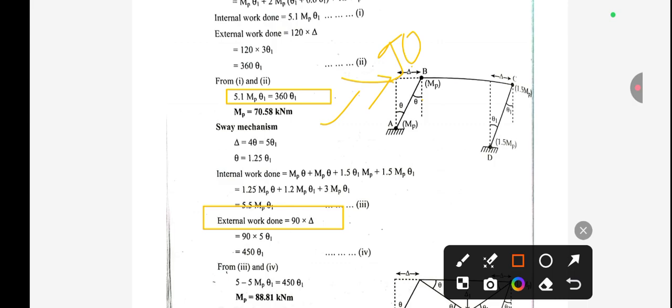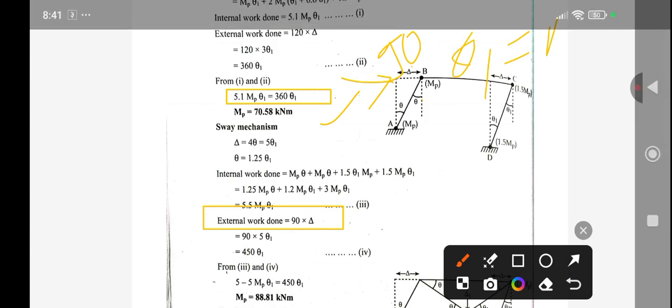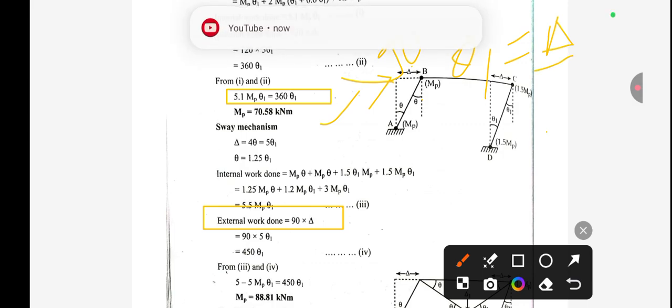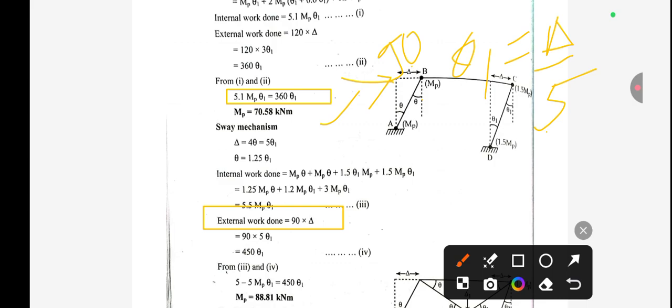In this case here you can see theta equals delta by height. So it means delta upon this total height, which is 5. Okay, so the value of delta can be written as 5 theta 1. Okay, so in the place of delta we just put the value 5 theta 1 and external work done we get 450 theta 1. Okay, so this is equation number 1.